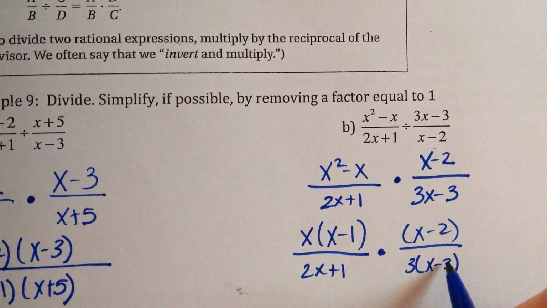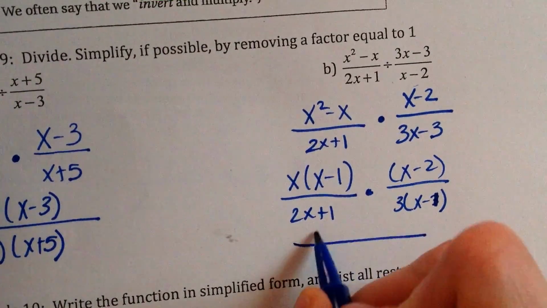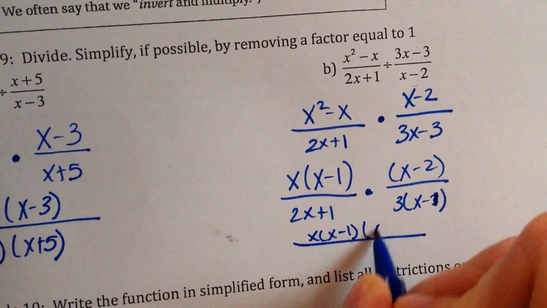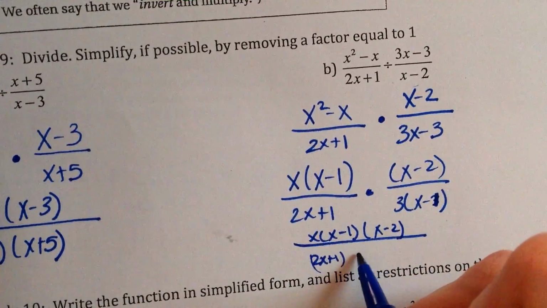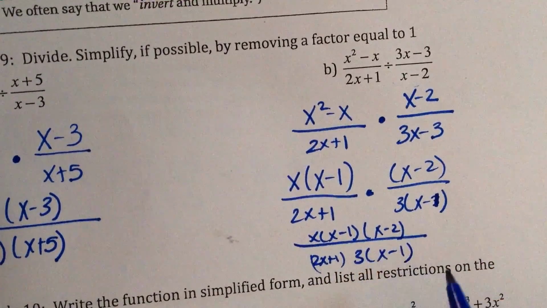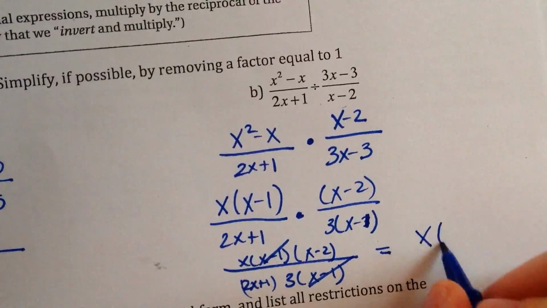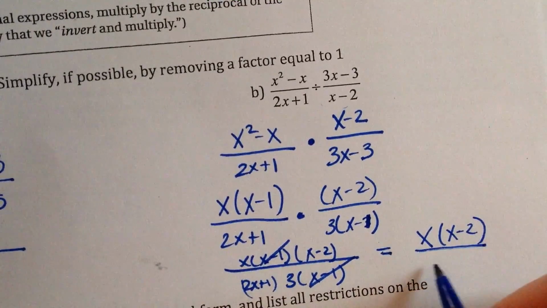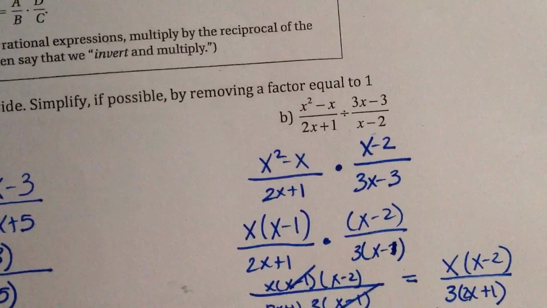So I'm left with 3 times x minus 1. So I make one numerator, x times x minus 1, x minus 2, 2x plus 1 times 3 times x minus 1. Your x minus 1's cancel out. In the numerator, I am then left with x times x minus 2. In the denominator, I'm left with 3 times 2x plus 1.